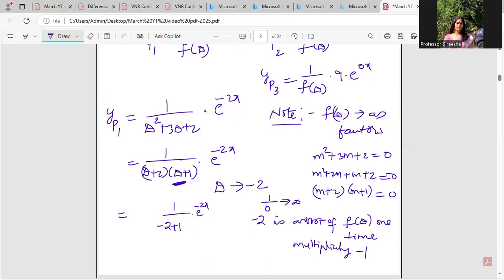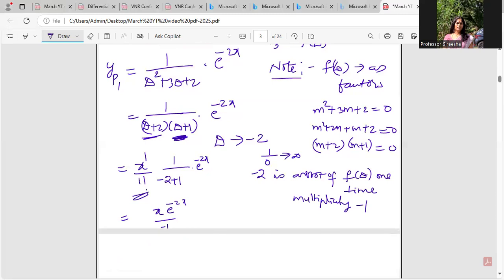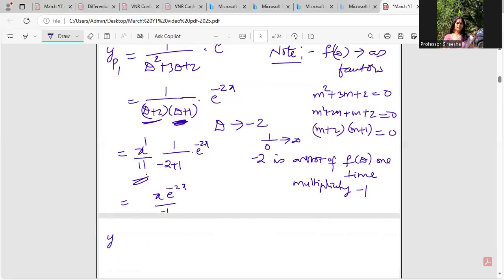I should be replacing by x power 1 by 1 factorial. For this part, I have written this. For this, there's no problem. Minus 2 plus 1 would give me minus 1, which is not a problem at all. So finally, yp1 would be e power minus 2x by minus 1, or minus x e power minus 2x. Here, make it a point to write f of d in terms of factors. So once f of d goes to 0 when you are replacing certain things, you know how to handle it.